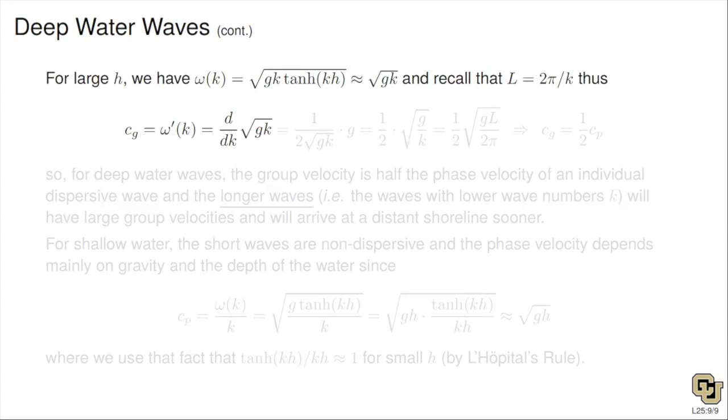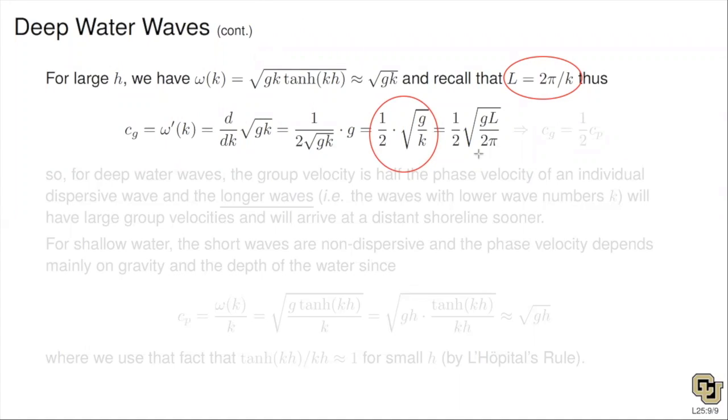For the group velocity of the wave envelope, again, for large h, I let that hyperbolic tangent term be equal to 1. And from before, we derived this formula for the group velocity as the derivative of the dispersion relation. So here I take the k derivative of the root of g k, and we get a formula. And then we use the relationship between k and L. So I rewrite it.